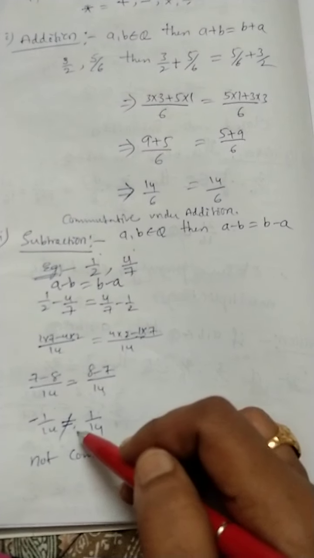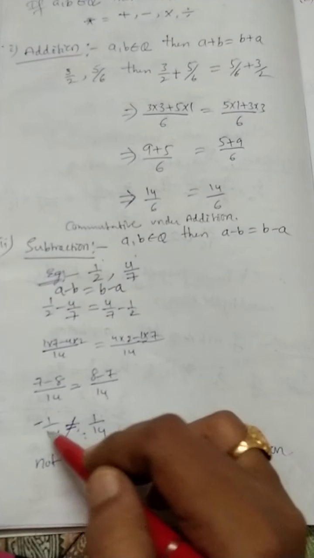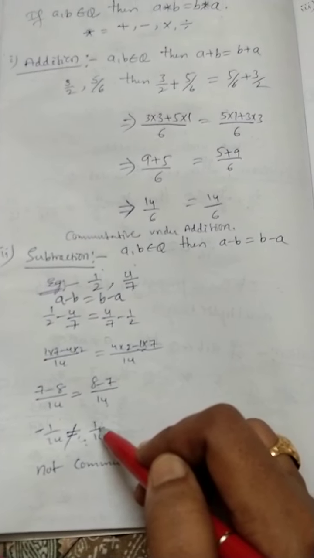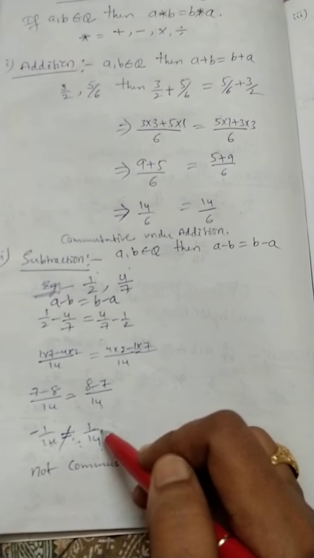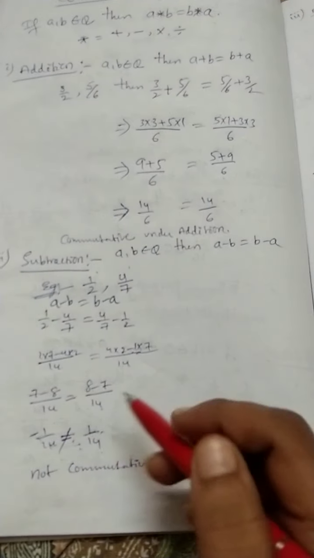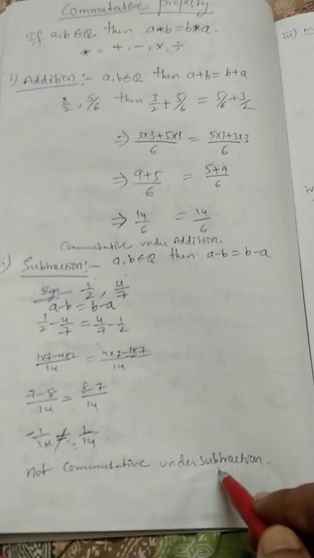So here we should check whether LHS is equal to RHS or not. If you get LHS equal to RHS, it is satisfied, otherwise it will not satisfy. So LHS is not equal to RHS. Why? Because here is a negative value and here a positive value, so both are not equal, so not commutative under subtraction in the set of rational numbers.